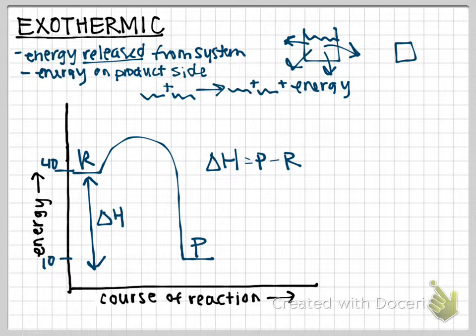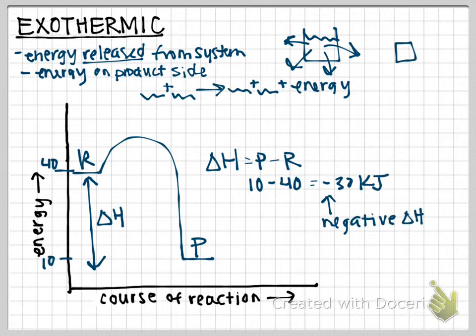So it would be 10 for your products minus 40 for your reactants. So it would be negative 30 kilojoules. And so it is negative, that tells you that it is exothermic. So exothermic always has a negative delta H. Also, it would have a negative Q.